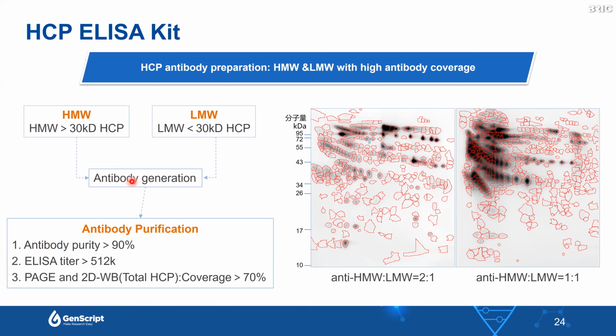This is how the HCP ELISA kit development process works. Before HCP kit development, we need to prepare the HCP for antibody generation. HCP are extracted and separated into high molecular weight and low molecular weight for immunization.